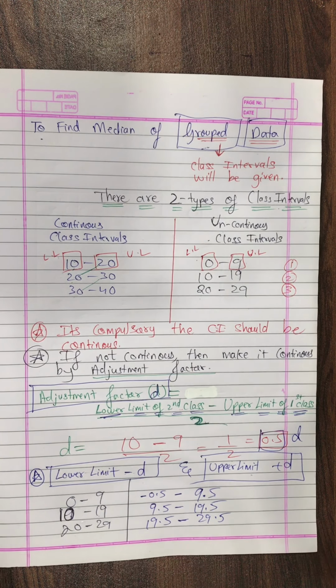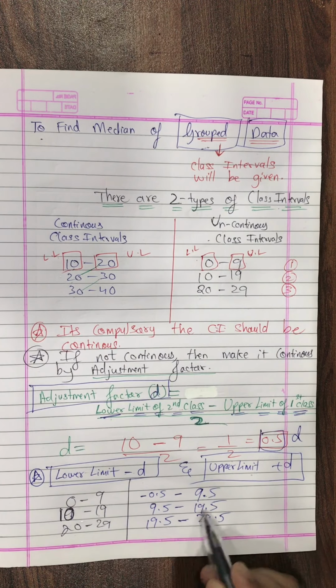One more important concept, students, I want to explain to you. Just pay attention. We converted this into continuous: 9.5, 9.5, 19.5, 19.5.